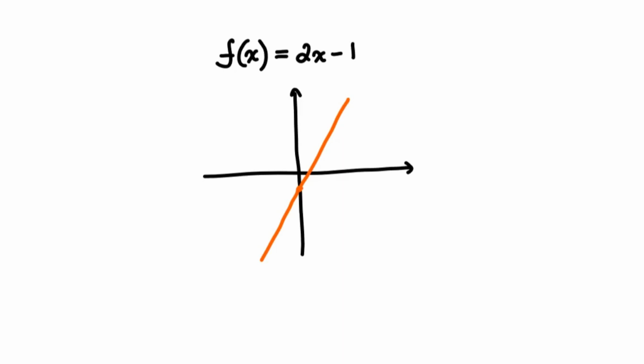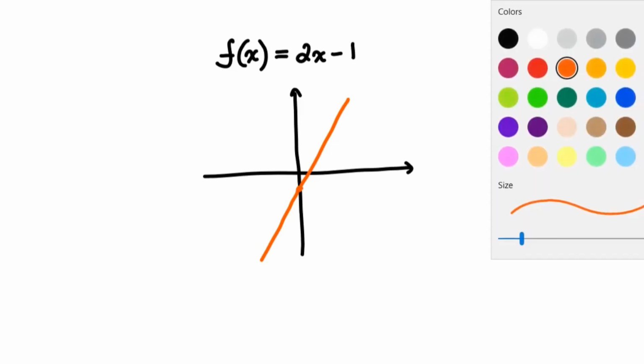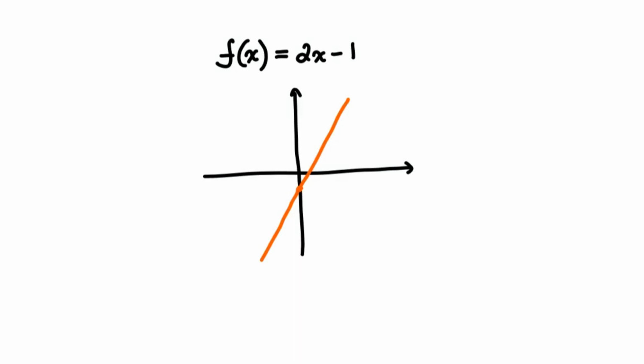Here we can see that we're given a linear function, f of x equals 2x minus 1. If I look at a set of x values here, are there any restrictions that affect the graph? No, my function exists on every possible x value, so it extends forever from left to right.